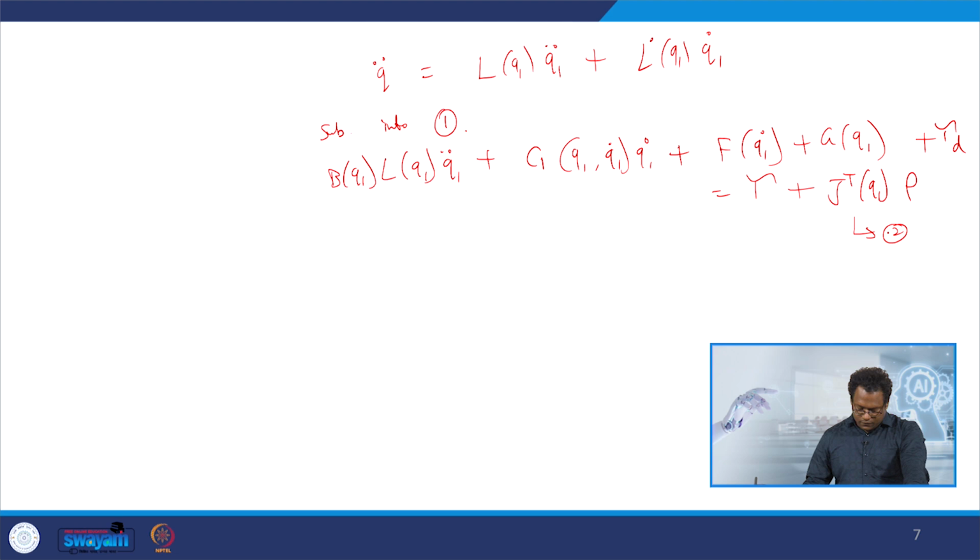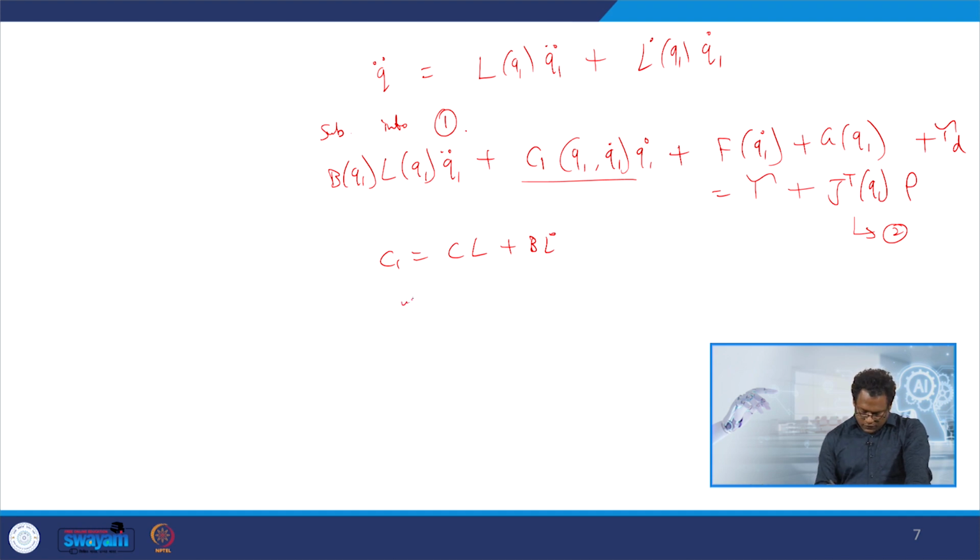Now, we can have this expression pre-multiplied by L transpose. Before that, let us explain what is C1 of q1 comma q1 dot. We have seen so far C. Suddenly coming, it is C1, where C1 is given by CL plus BL dot.